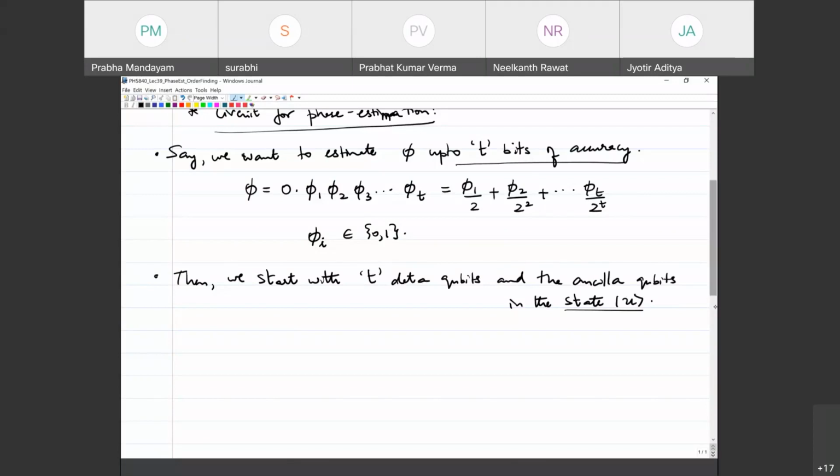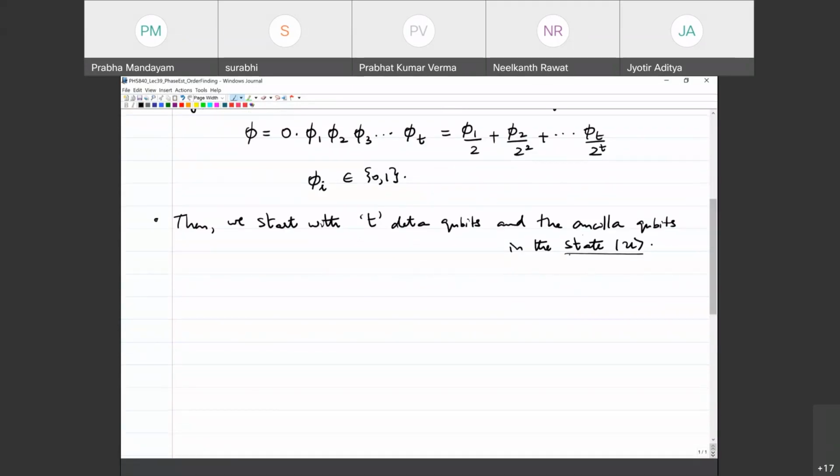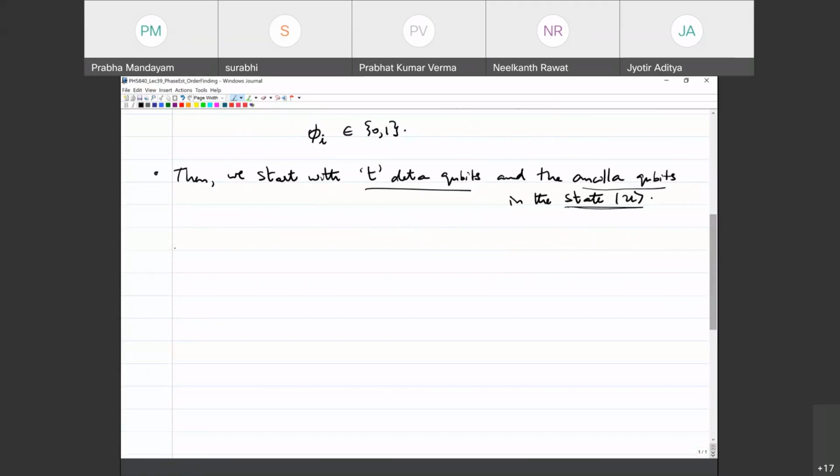So this resource in some sense is constrained or fixed by the size of the unitary U whose eigenvalue you want to estimate. What the algorithm requires from you is just t data qubits, where t is the number of bits to which you want to estimate this. So these are my data qubits first.